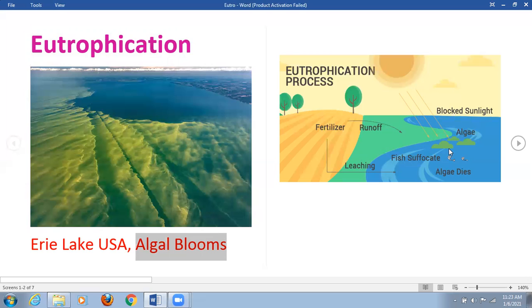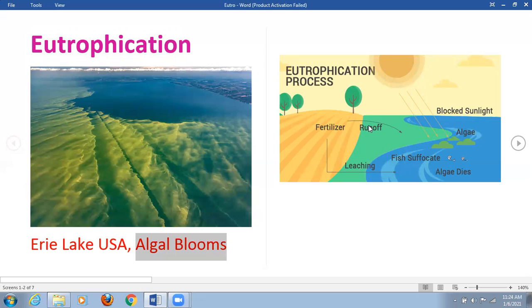And when sunlight is unable to reach the bottom of the lake, then the fish over there and other organisms, other zooplanktons, get suffocated, and ultimately that lake has poor aquatic life. So the fish get suffocated. That is known as eutrophication. So this is the process of eutrophication.